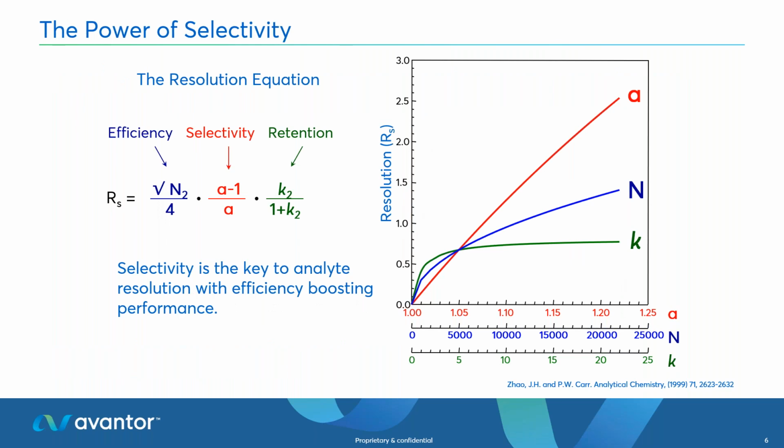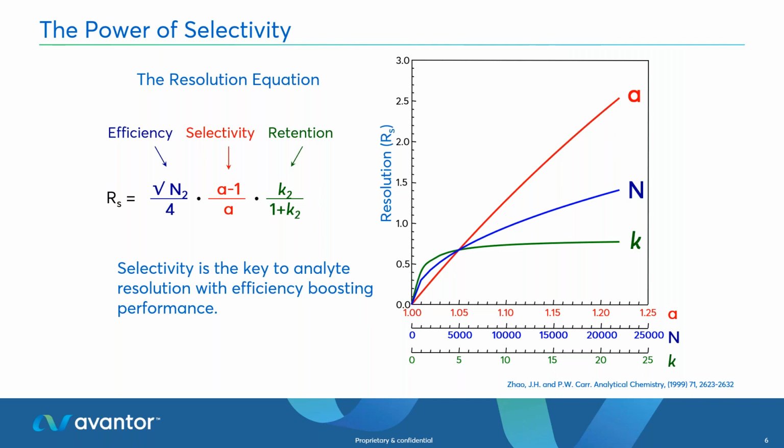We also need to think about resolution, and all the way through this presentation you'll see resolution is affected by our mobile phase. And that's because mobile phase has an influence on each of the three parameters shown here that affect resolution.